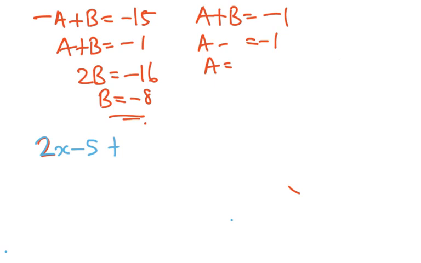Your b is minus 8, so a minus 8 equals negative 1, so a should be 8 minus 1, not negative 1 minus 8. So from here we know the answer for a is 7.